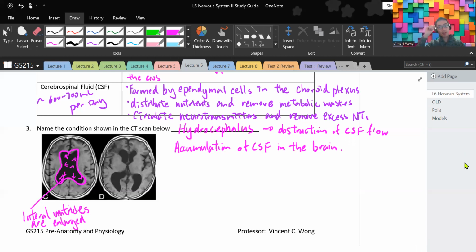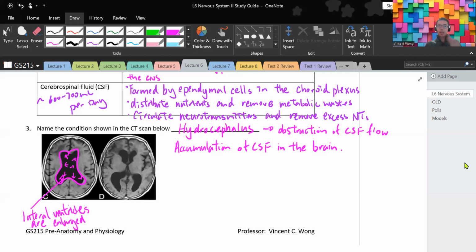Because the skull of the baby is unlike ours, which is pretty much hardened, right? But the skull of a baby is very soft still. The bone has not completely calcified yet. And so if the baby is experiencing hydrocephalus, all that extra fluid is going to be pushing out on the skull, causing the head to become a little bit bigger.